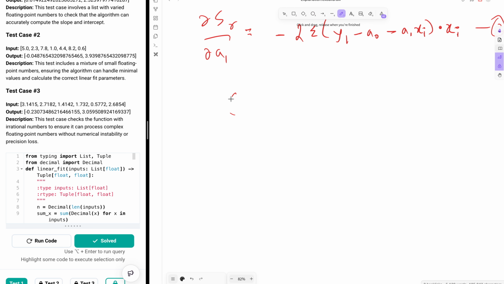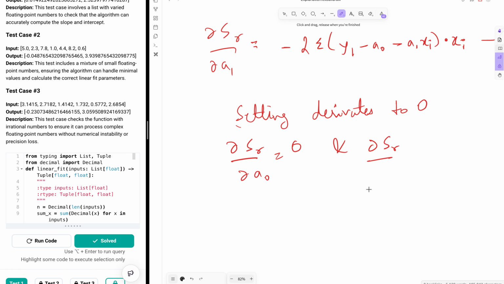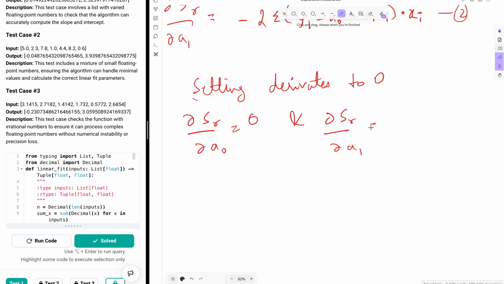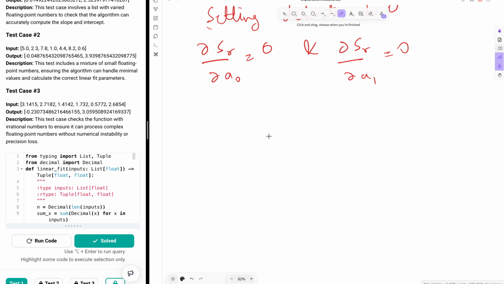To find the minimum and maximum, we'll set our derivatives to 0. That gives us the minimum and maximum points, or the saddle points, to achieve the minima. On setting these two to zero, the first and second equations become like this.